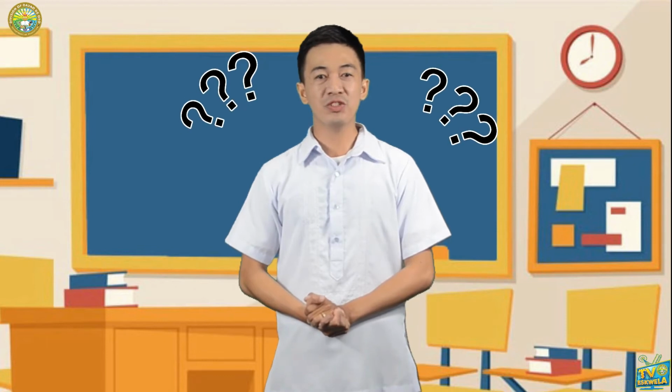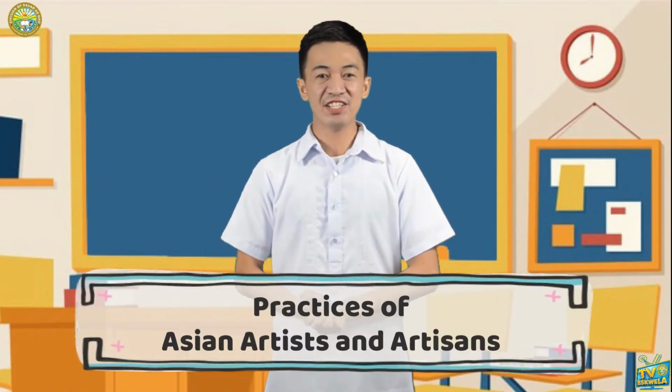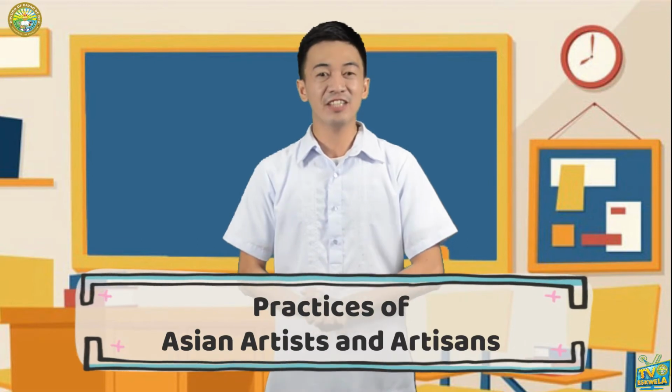From the activity we have completed, what would you think will be the title of our lesson for today? You got that right! Our topic for today is Practices of Asian Artists and Artisans.